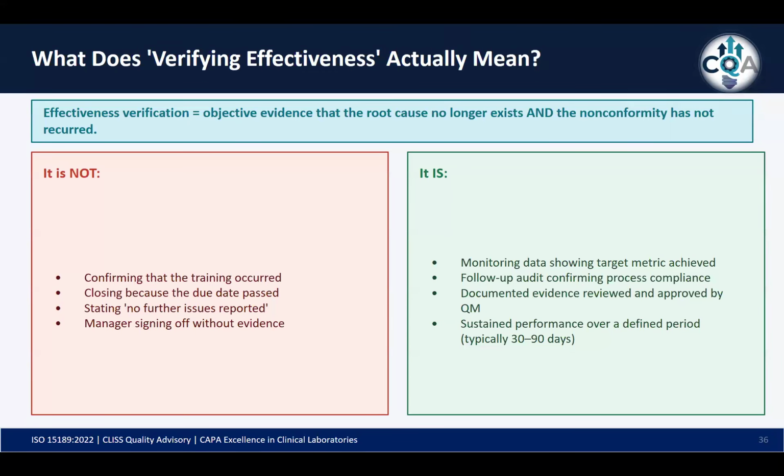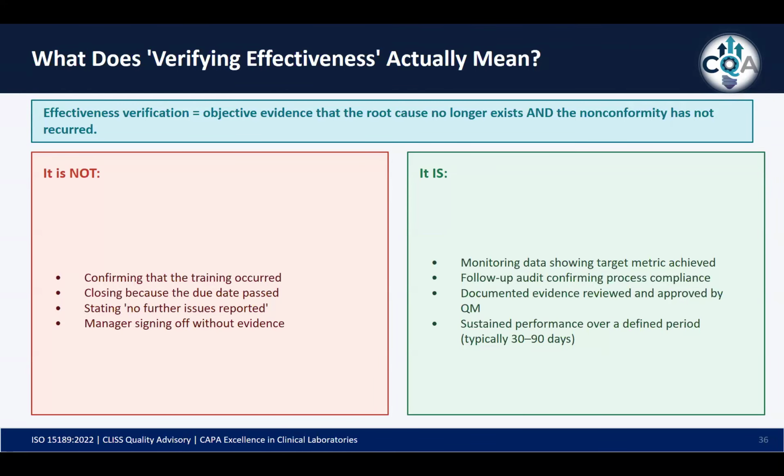The standard requires us to verify effectiveness. And effectiveness verification is about gathering objective evidence that the root cause no longer exists and the non-conformity has not recurred. So two things. The root cause that was identified no longer exists and the non-conformity has not recurred.